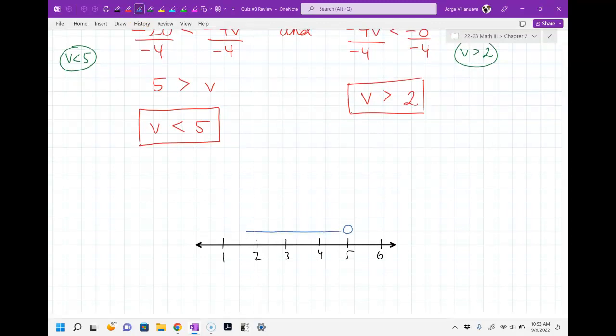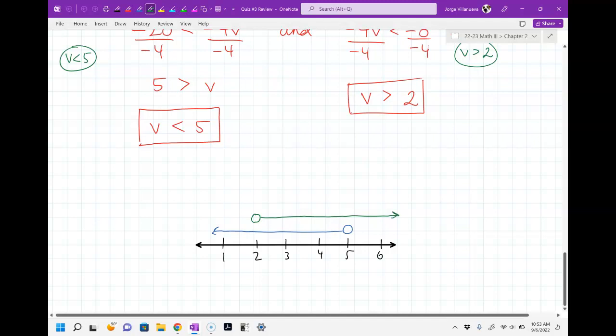Less means left. So there you go. V less than 5, so less means left. So go to the left at 5, open circle, and then V greater than 2. So you can go to 2 greater than, open circle. Remember, if less is left, then greater has to be right.